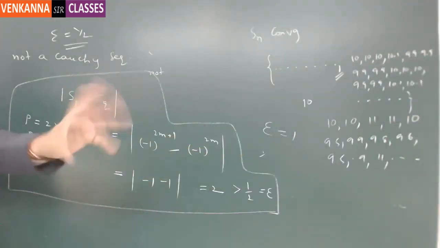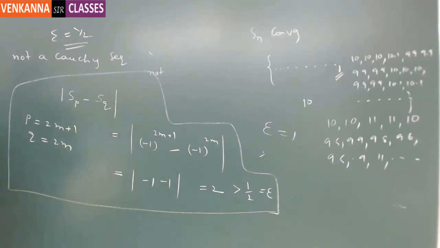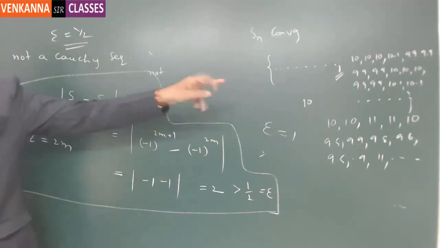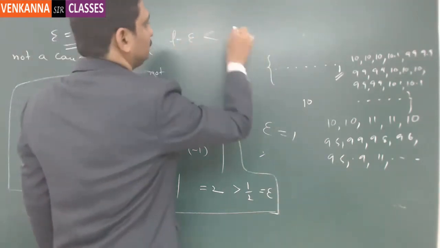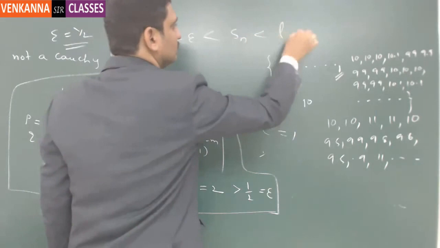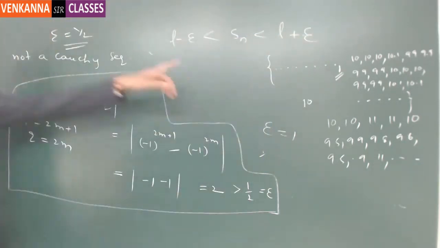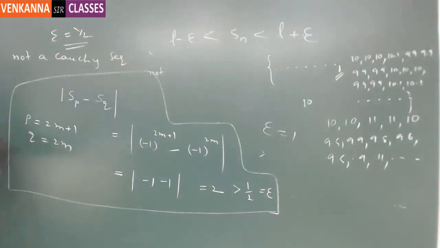Different values you are getting there. So if you say that the sequence has a limit L, it means that from a term number onwards, all the values are becoming like this. So you cannot take epsilon more than 1 generally.